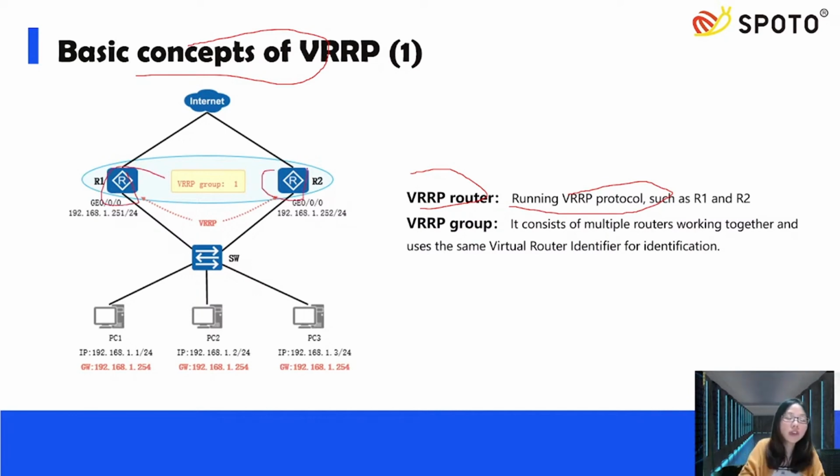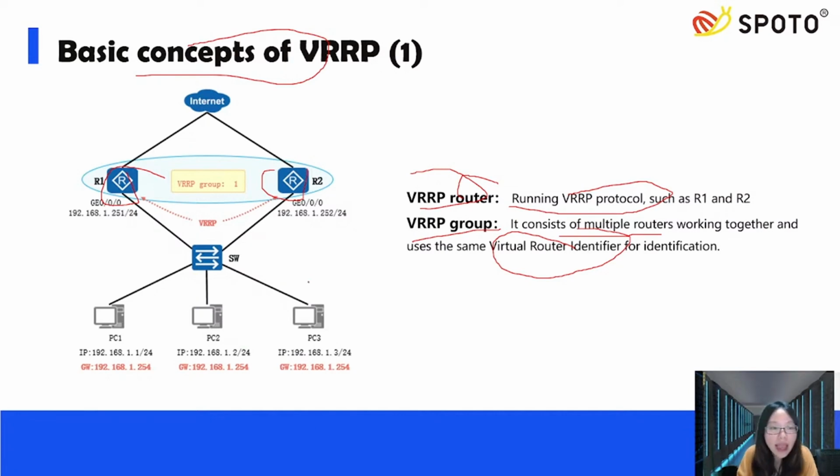If you have a router 3, it also belongs to the VRRP routers. A VRRP group consists of multiple routers working together and using the same virtual router identifier for identification. VRRP is configured on a router's interface, and it also works based on the interface.